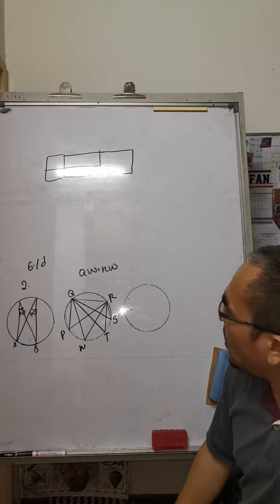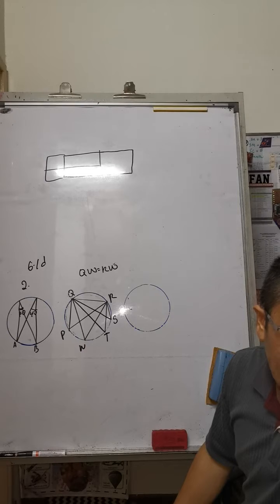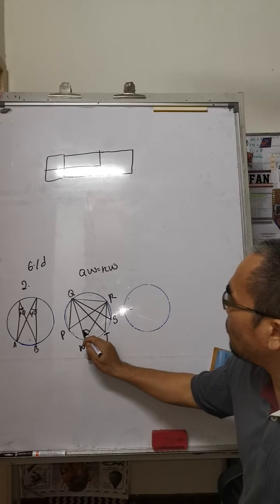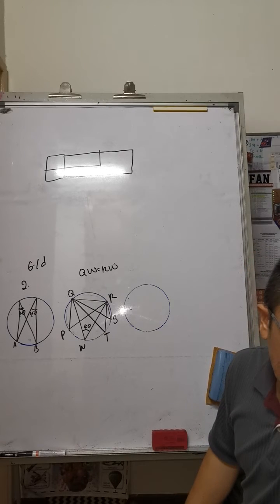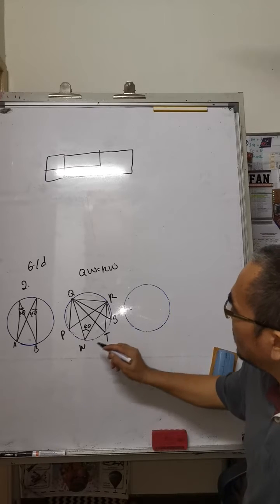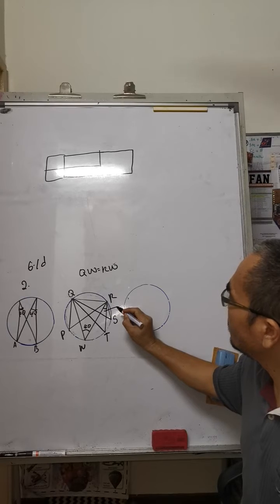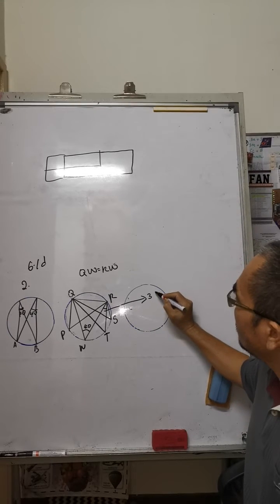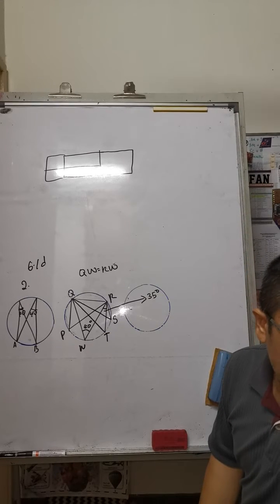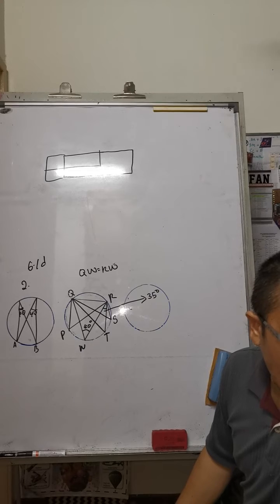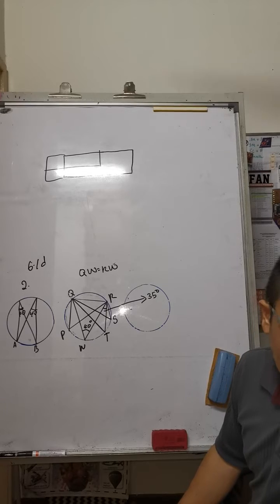Given that angle QWR, just like the one given, is 40 degrees, and WRT is 35 degrees. Determine the value of angle QSR, WQT, WRQ, and QRT.